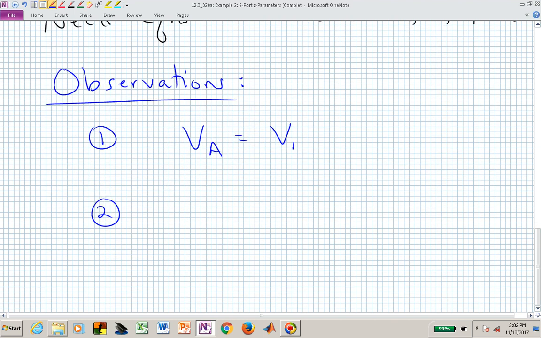So our second observation is that I sub 2 from right to left is V sub 2 minus V sub B over R sub 3.